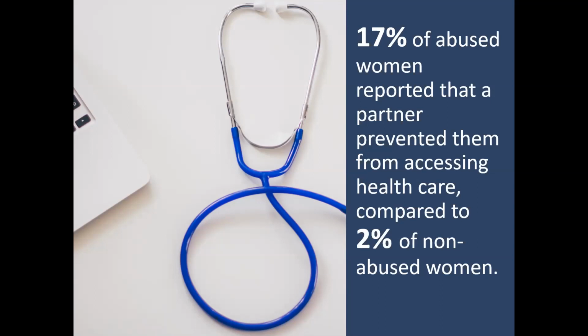So in this study, 70% of abused women reported that their partner prevented them from accessing healthcare, compared to only 2% of non-abused women. And as a domestic violence advocate, my red flag radar goes up, and I wonder how healthy a relationship could be if somebody is preventing somebody from getting healthcare. But that is a different issue altogether.